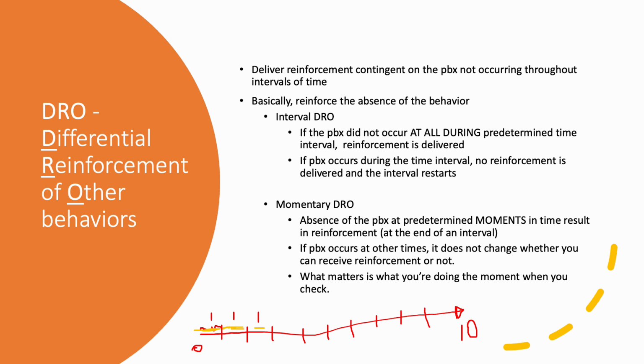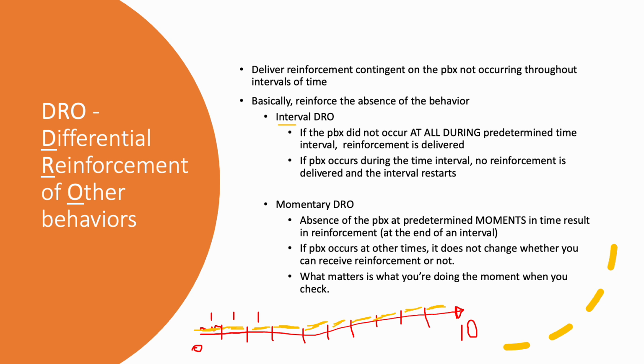This here would be our third interval, right? This here would be our fourth interval, and each interval is 1 minute. This here would be our fifth interval, our sixth interval, our seventh interval, our eighth interval, our ninth interval, and so on, and our 10th interval, okay? In this example, there are 10 intervals, they're each 1 minute, and the total observation period is a 10-minute observation period.